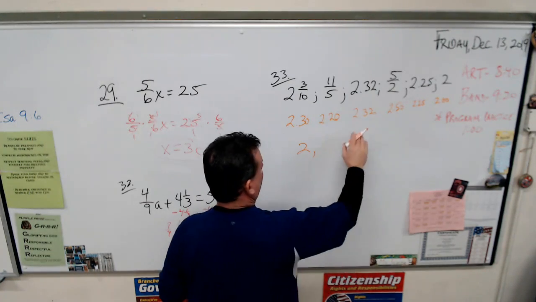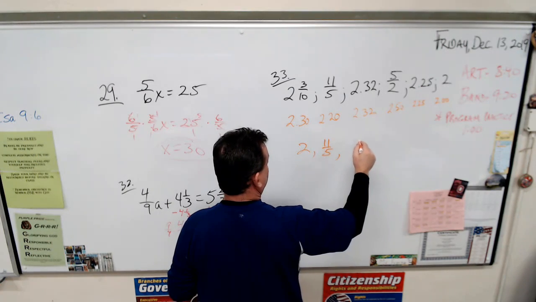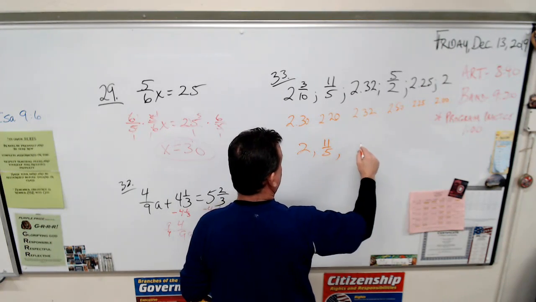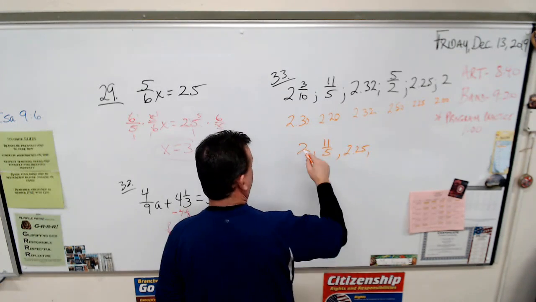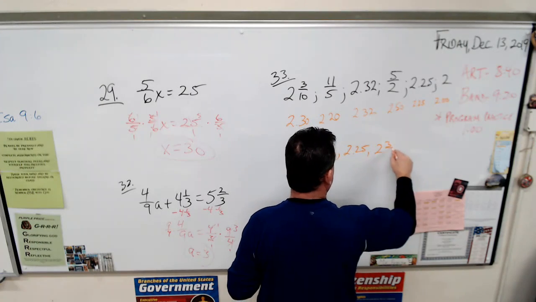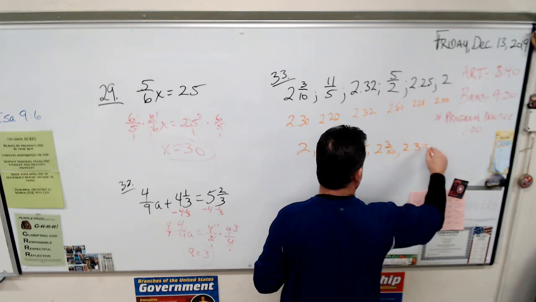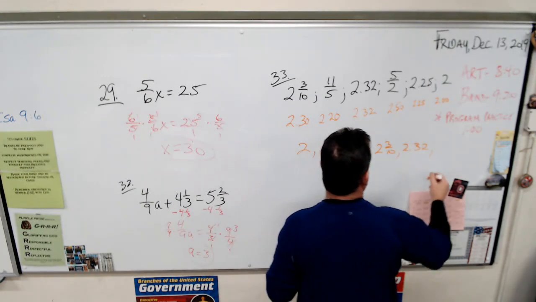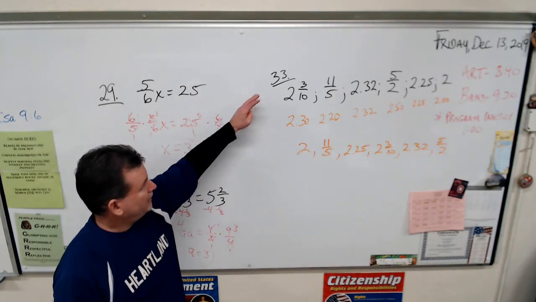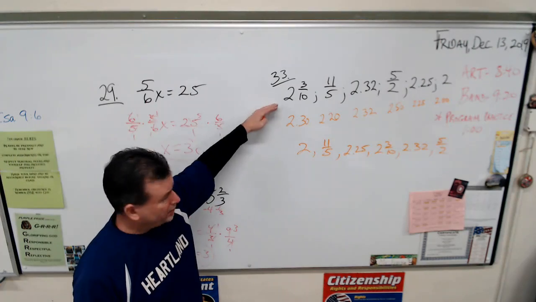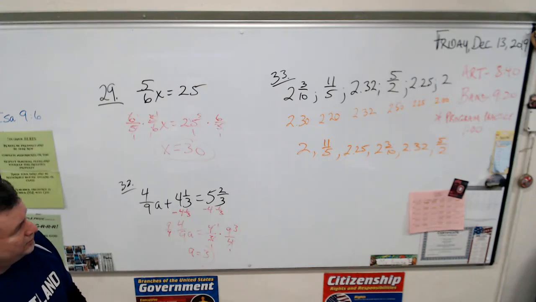I'm going to rewrite them as they were in the problem. 2 1/5. 2.25, which is how it was written. 2.3, which was 2 3/10. 2.32, which is 2.32. And 5/2. There's number 33. As they were given to you in your book, rewritten from least to greatest.